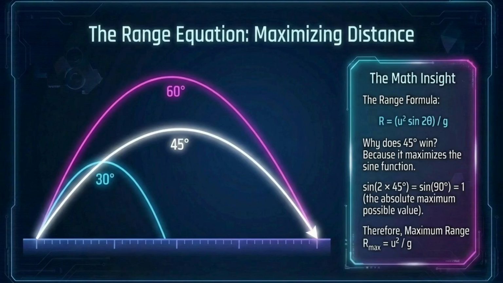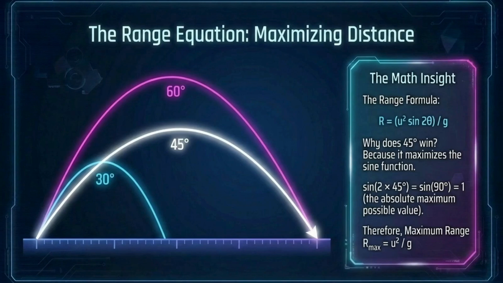One of the most practical questions in projectile motion is, how far will it go? If you throw an object, how much distance does the object cover, and at what angle can we throw it so it covers the farthest distance?